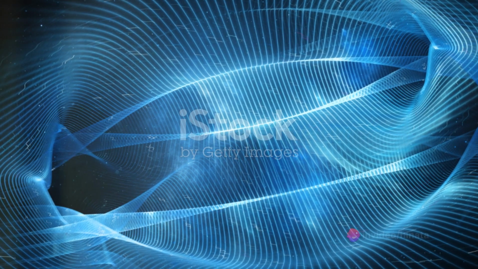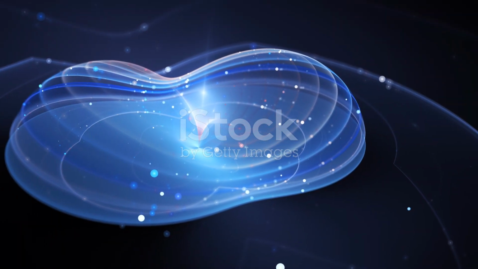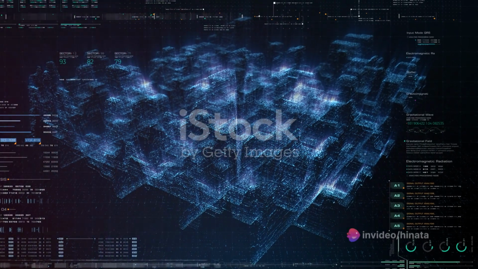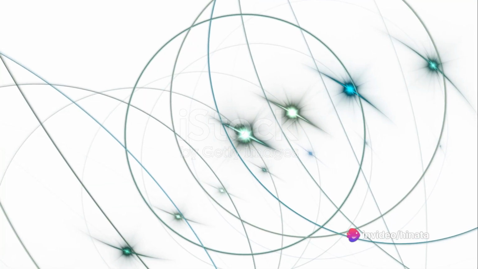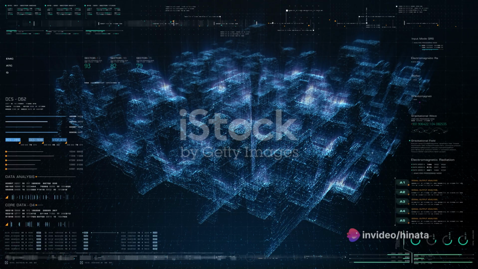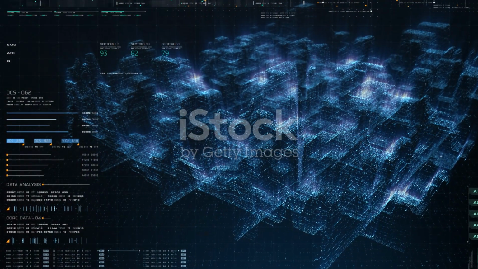But that's not all. There's another principle in quantum mechanics called entanglement. When two qubits become entangled, the state of one qubit is directly connected to the state of the other, no matter how far apart they are. This eerie connection allows for a higher degree of complexity in computations, as the state of one qubit can affect the state of another. And what are the implications of these quantum quirks?